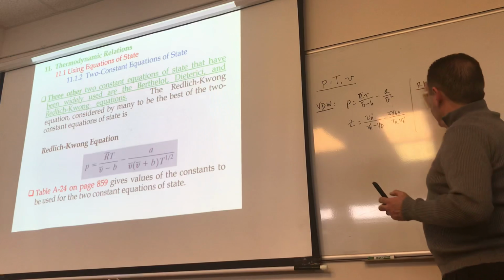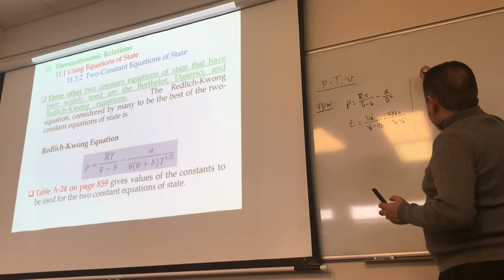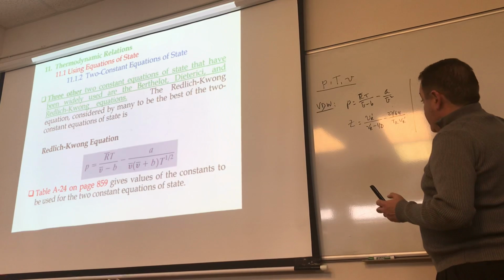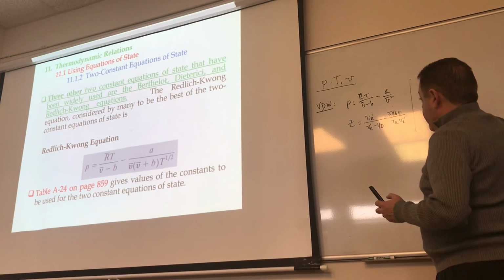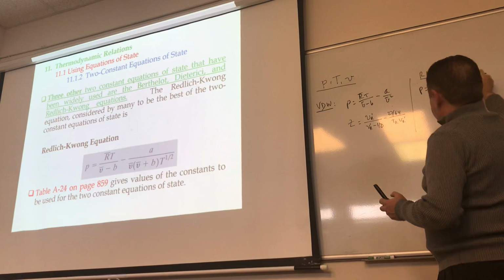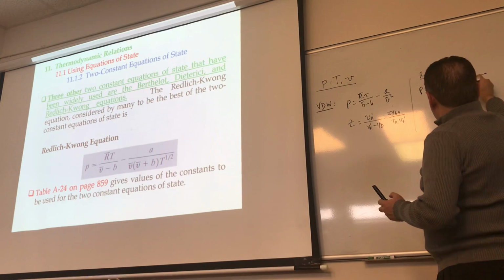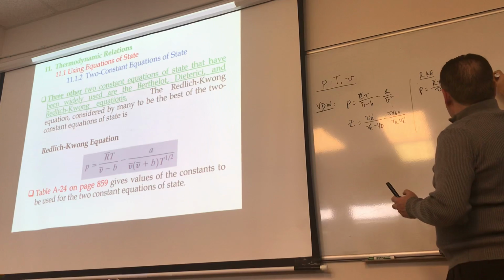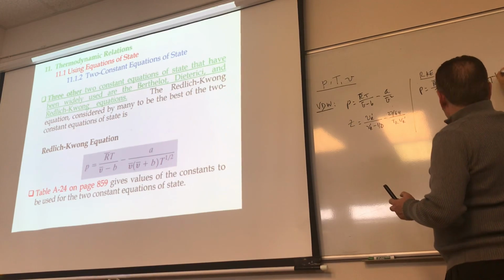You see, the equation is going to look very similar to this, because it says that P is equal to RT divided by V minus B, minus A over V times V plus B times T to the power of 1/2, okay?